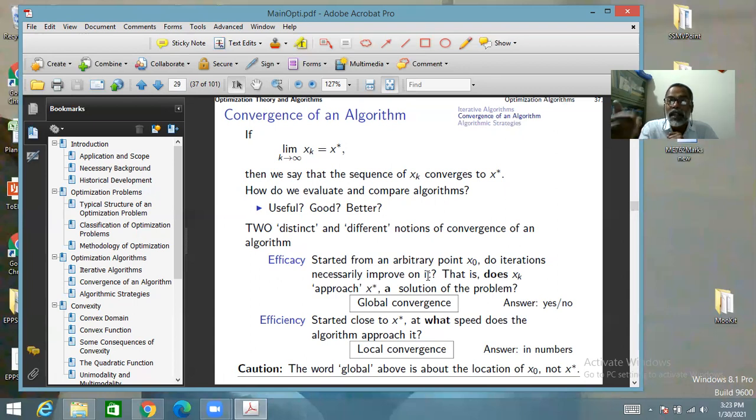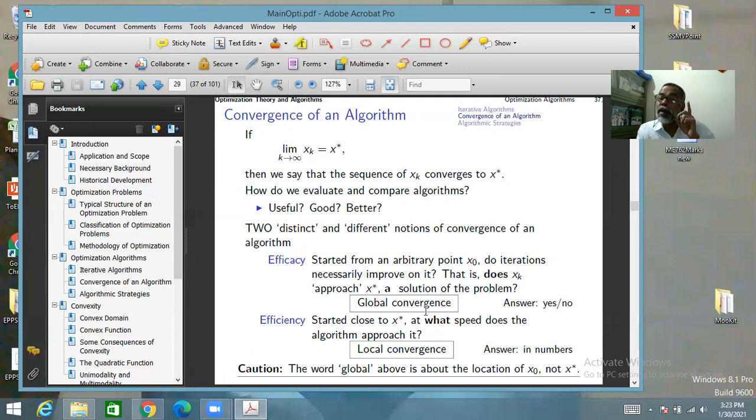That is, are the next iterates going to be any better than the previous ones? That is, does xk approach x star, which is a solution of the problem? If it does, then you say that the algorithm has global convergence.